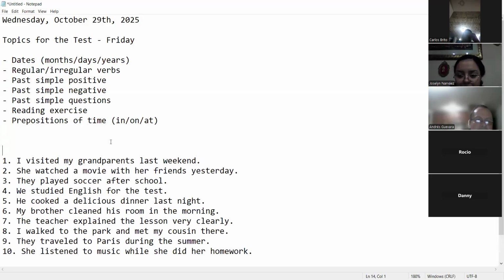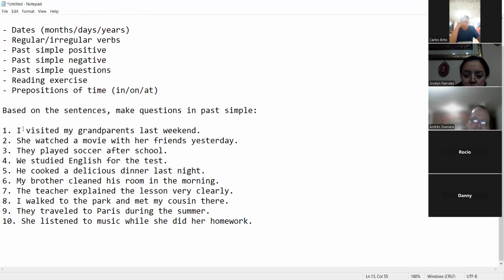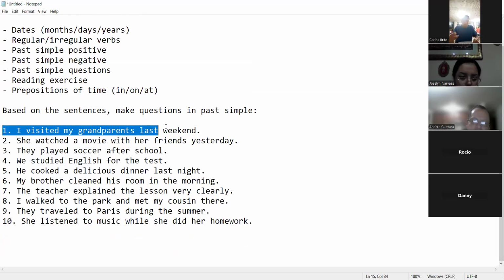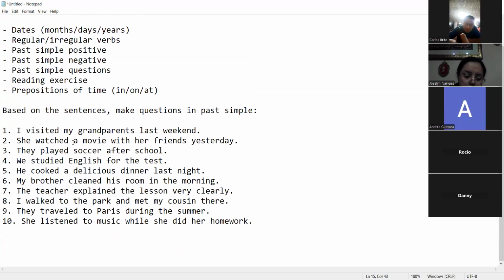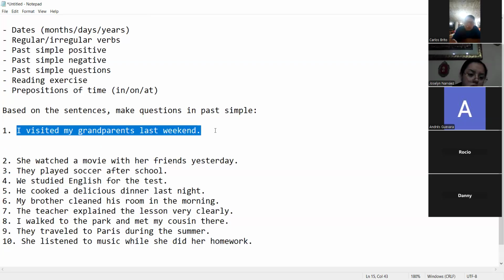And what are we going to do? Based on the sentences, make questions in past simple. So we're gonna basically transform this sentence into a question. What should I do if I want to do the same sentence but as a question?